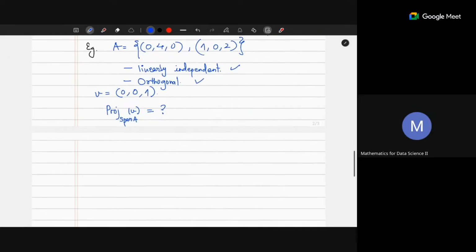So how do we do that? We have been given two vectors. Let V1 be 0, 4, 0 and V2 be 1, 0, 2. So the projection of V in the direction of V1 plus the projection of V in the direction of V2.